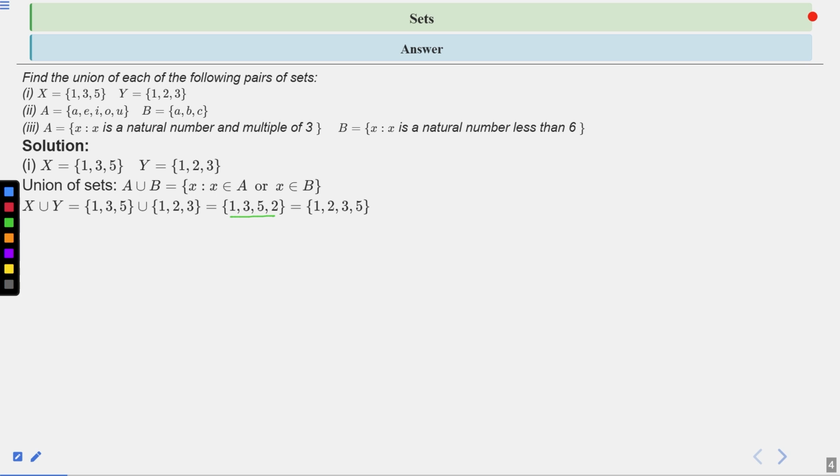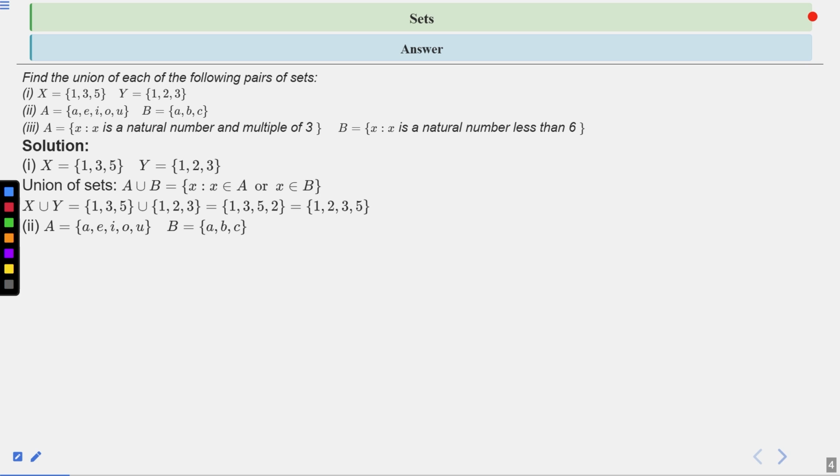We just collected all these 6 elements and wrote the repeating elements only one time. If you recall from the theory class, in sets, order as well as repetition of elements doesn't matter in the representation of roster form. Clear? So X union Y will be {1, 2, 3, 5}.